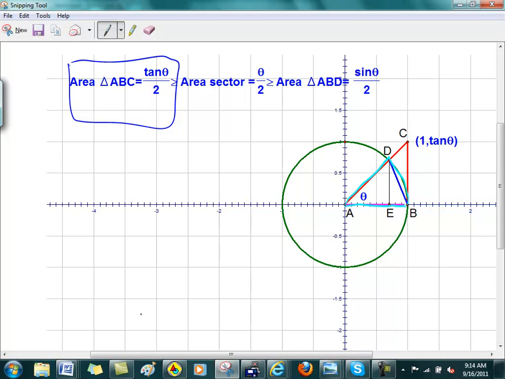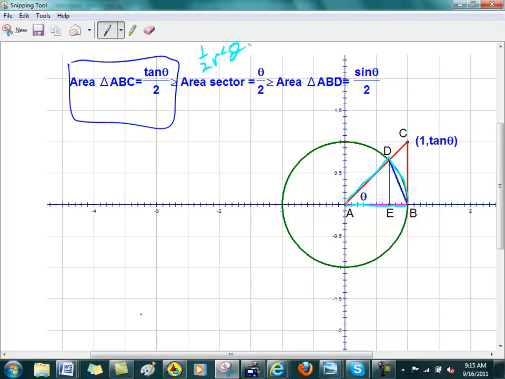Anybody remember the formula for a sector of a circle? Anybody remember that formula? Area of a circle, sorry? Of a sector. Actually, the real formula that I taught you last year was this: 1/2 r squared theta, where r is the radius. Okay, that's the formula I taught you last year.